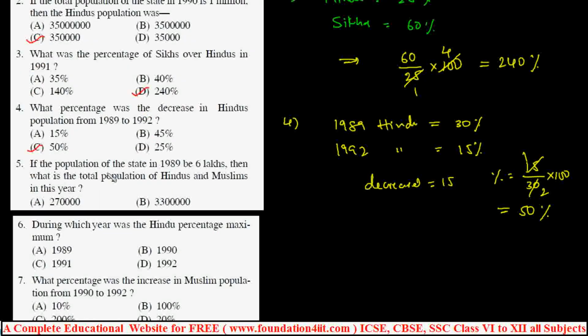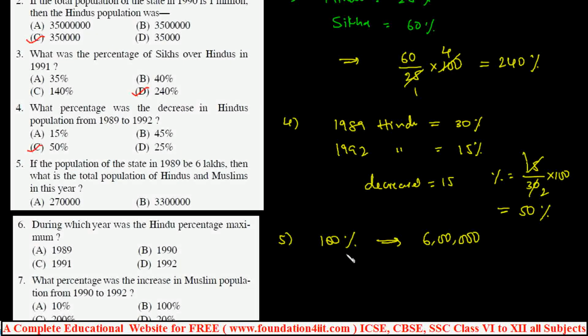Next one, if the population of the state in 1989 is 6 lakhs, then what is the total population of the Hindus and Muslims in this year? In 1989, total population every year is out of 100. So even in the fifth one, for 100% population is 6 lakhs, right?